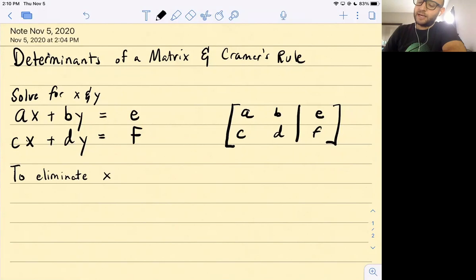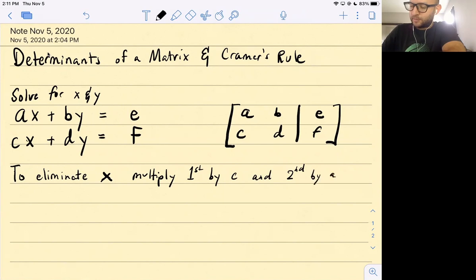So to eliminate X, we multiply the first equation by C and the second equation by A, and subtract. And let's see what that gives us.